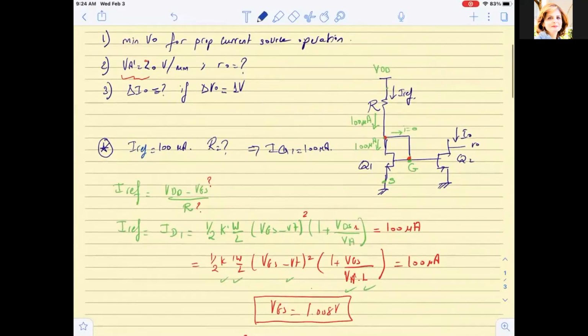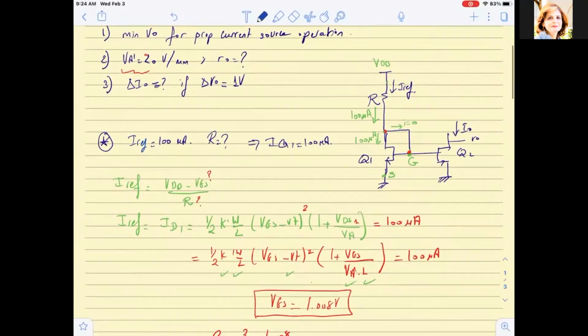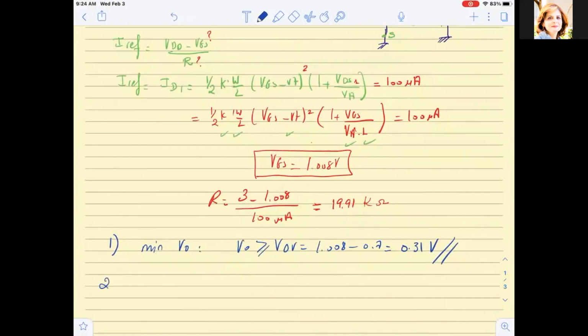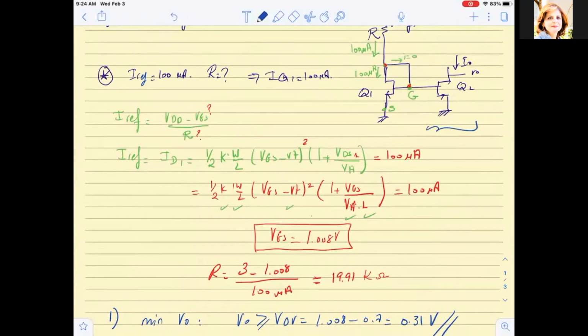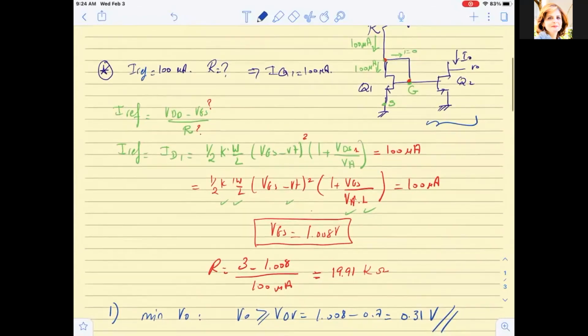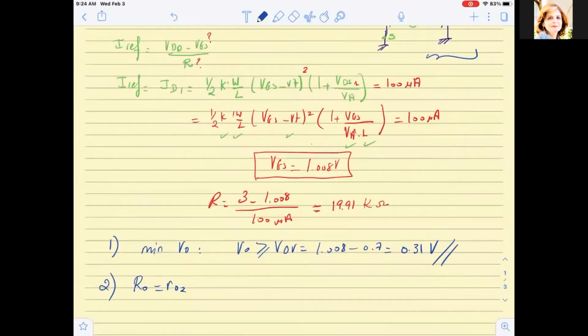The second question: if VA prime is 20 volts per micrometer, what is the output resistance of the current mirror circuit? We know that the output resistance of the current mirror is really RO2 for this transistor, which is delivering IO. So RO2 is equal to VA, which is VA prime times L, over half K prime W by L times VOV square.